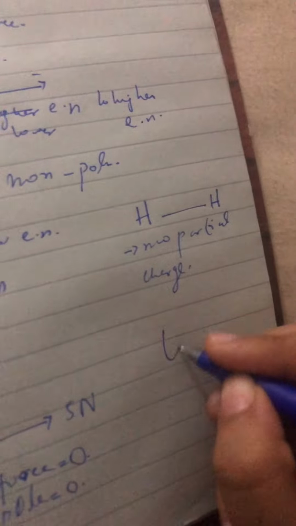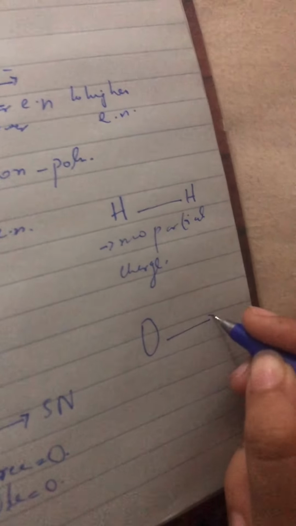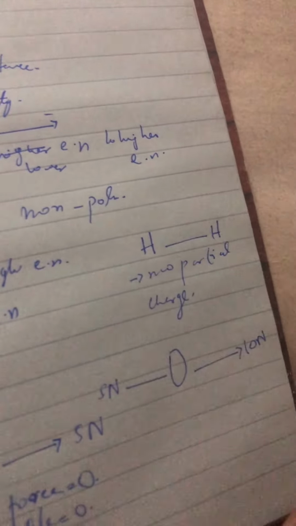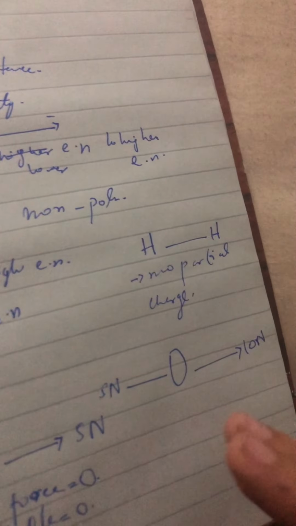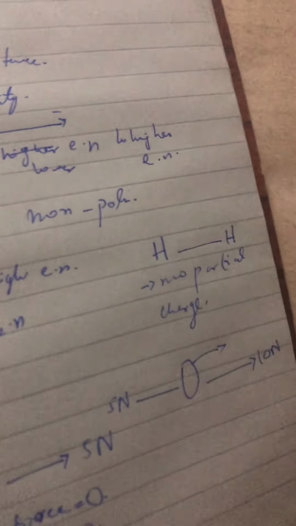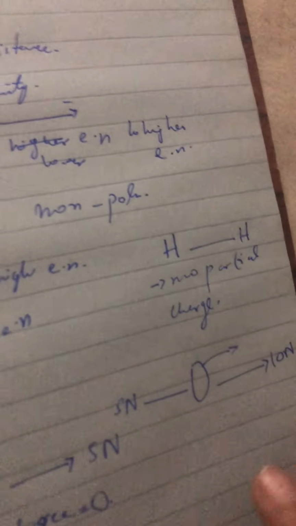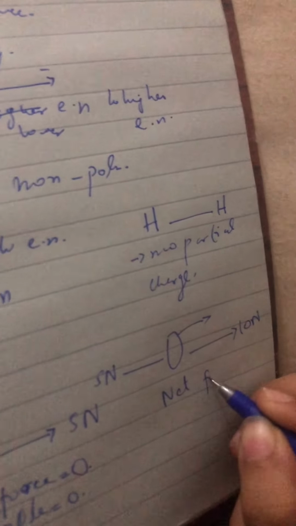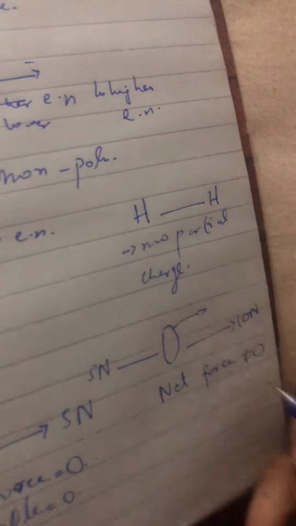If we take another example, this is also a ball, one person is applying a force of 10 Newton and another person applying a force of 5 Newton. So the ball will move more towards the 10 Newton side, the pole will be more towards here, so the net force will not be equal to 0.